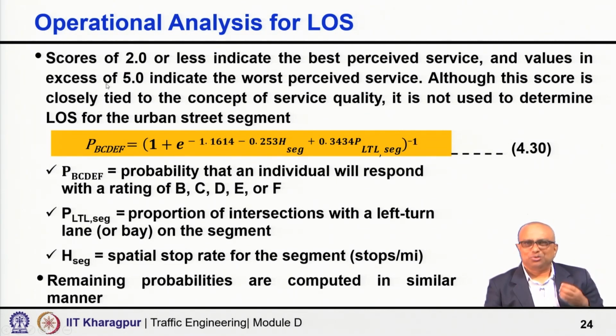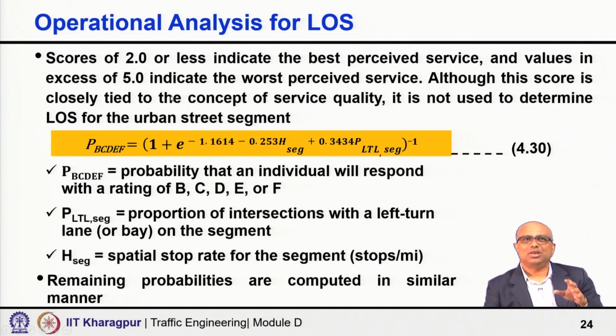What we want to say is that a score of 2 or less indicates the best perceived service, you can be sure that it is really good, and values in excess of 5 indicate the worst perceived service. So, that gives an indication.